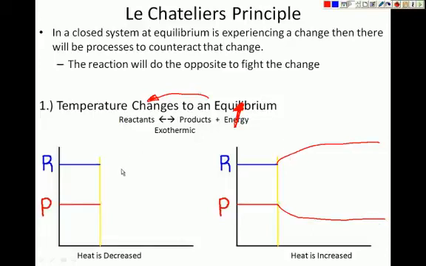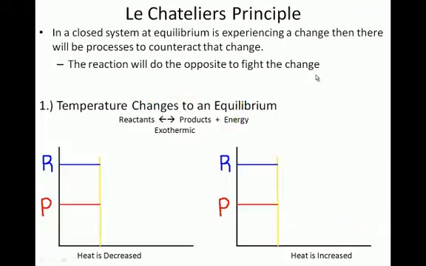Okay, so again, if heat is decreased, we're going to have one that looks like this, and if heat is increased, it'll be something like this. Now, if you had something that was a little bit different, instead of an exothermic reaction, we had an endothermic reaction.